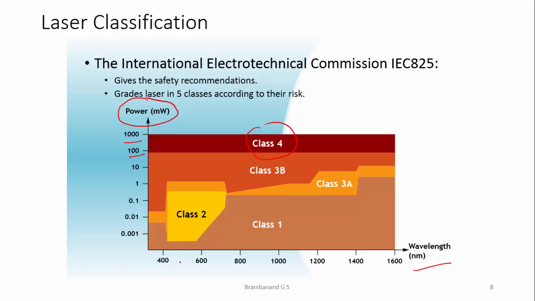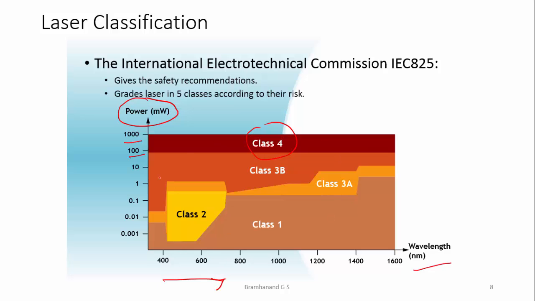So for a given wavelength, it operates in a range of output power. Say for example, for a class 2 laser which can operate from 415 to 750 nanometers, its power varies based on the lambda, based on the wavelength.